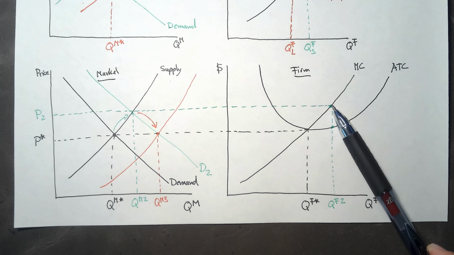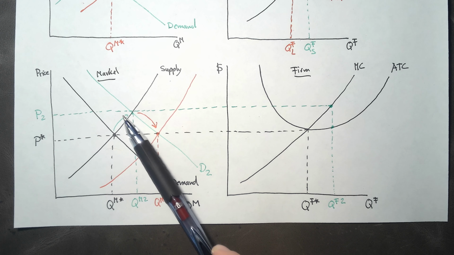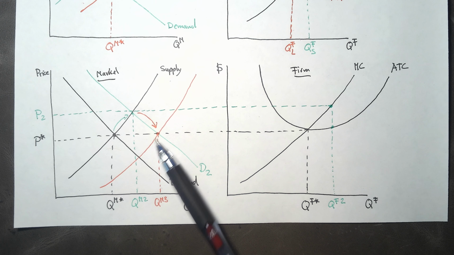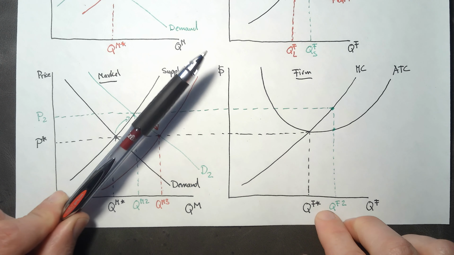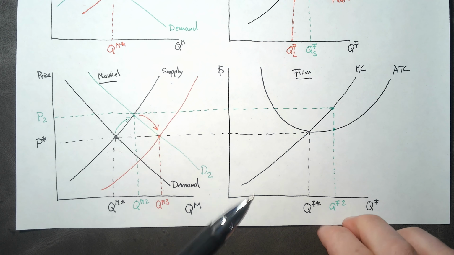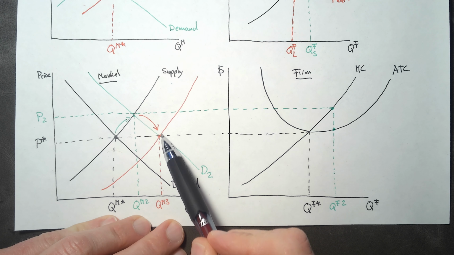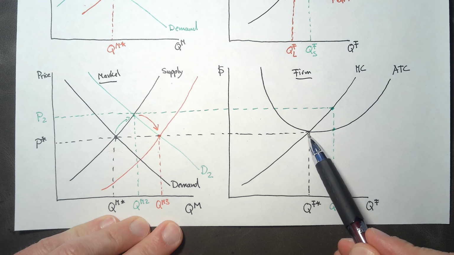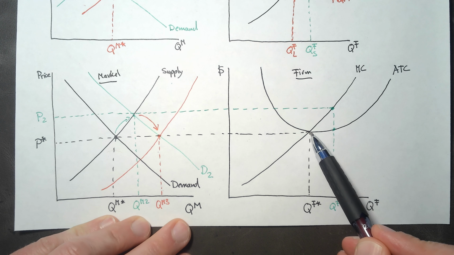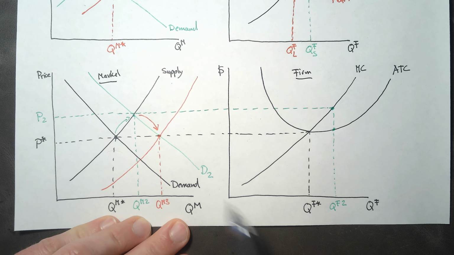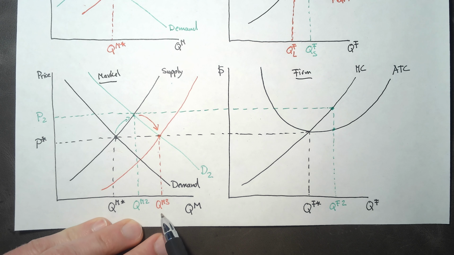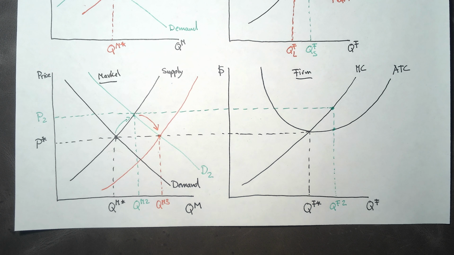The higher price leads to profits for the individual firms, and then the profits actually increase the supply because we now have new firms entering the market, and new firms enter the market until the price reverts back to the original price, where we have the minimum of the average total cost function, but we do have a higher market output, and the higher market output is because we now have more firms producing at the initial quantity QF star.